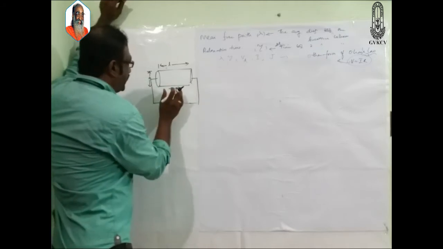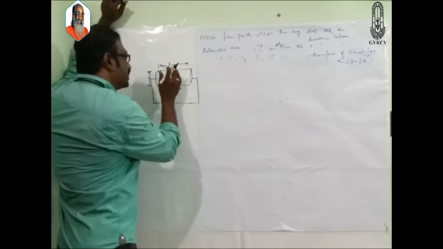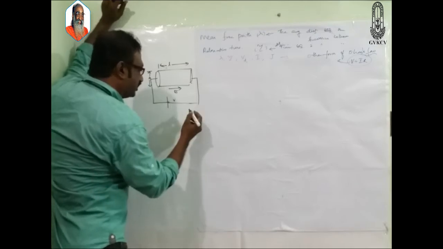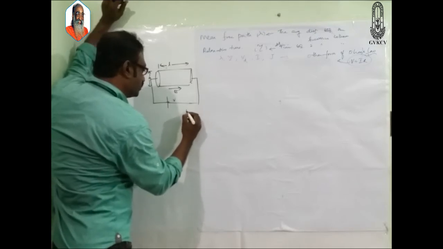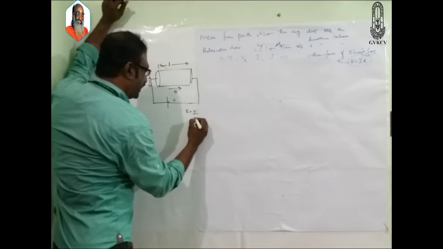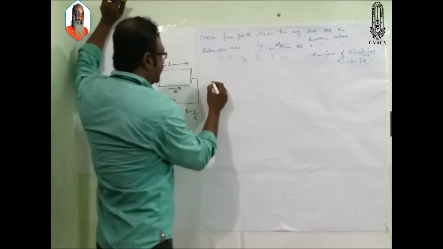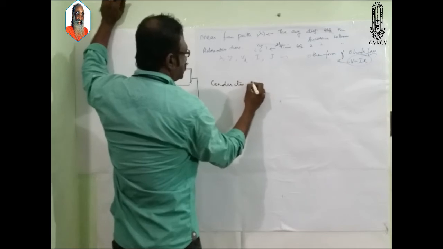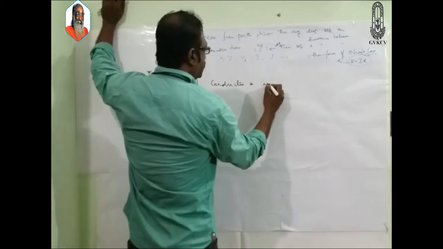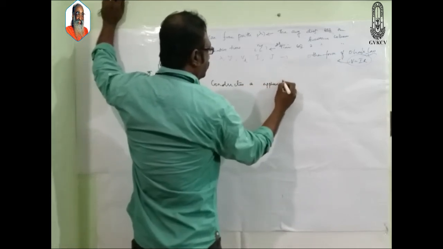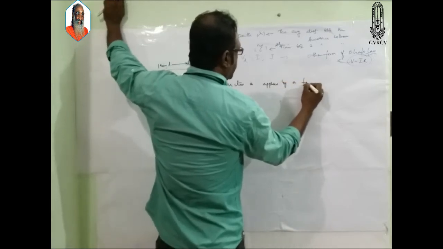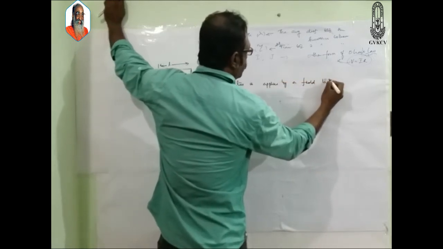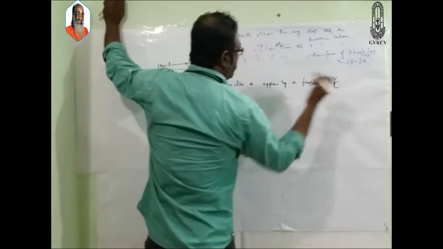If the electric field is E for the conductor of length L, then we can write E is equal to V by L. So the conductor is applied by a field E is equal to V by L.